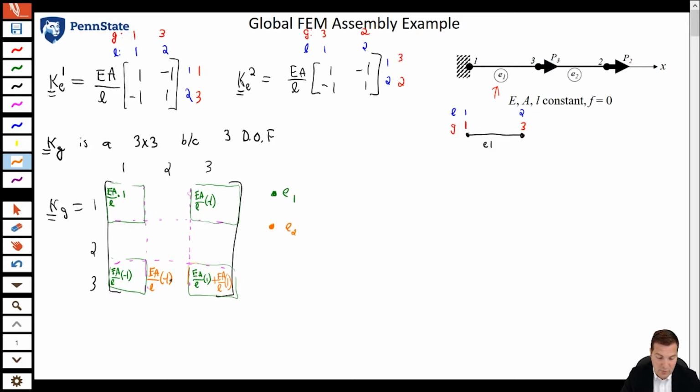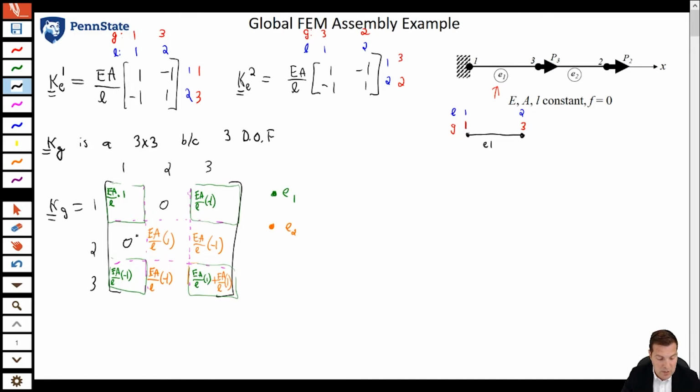Move on to the second row. Row 2 globally, column 3, that's going to be EA over L times negative 1. And then finally, row 2, column 2, which is going to be a positive 1, so EA over L times 1. In this case, these other values are just going to be 0.